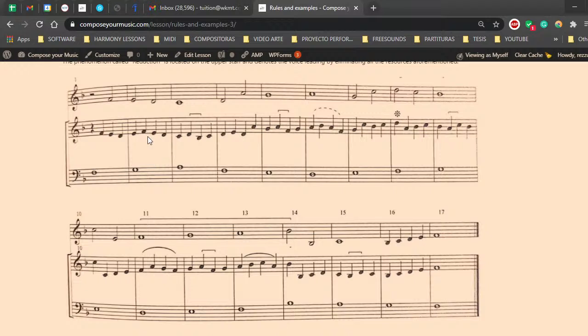How can this species be reduced? It's perfectly reduced to the second species, because it goes from this note, the octave, to a consonant. The only thing is that you have this not a proper neighboring, but a change of direction through the D. But it's prolonging the same note, basically.